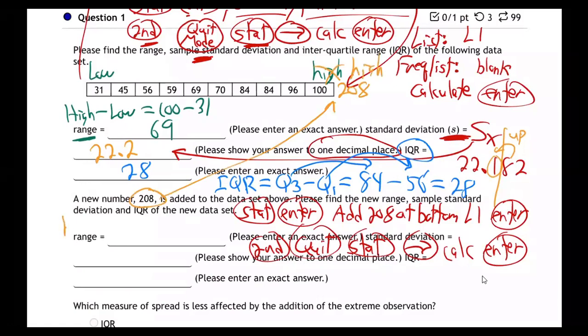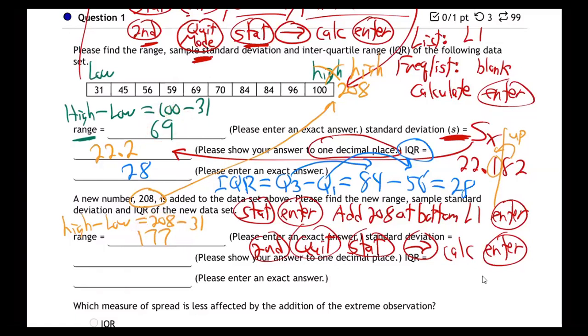So the range, remember, which is high minus low, is equal to 208 minus 31. I'm going to use my calculator to figure that out. I'm getting 177. So the range is now 177. It's grown a lot, hasn't it? The old range was 69, the new one's 177.